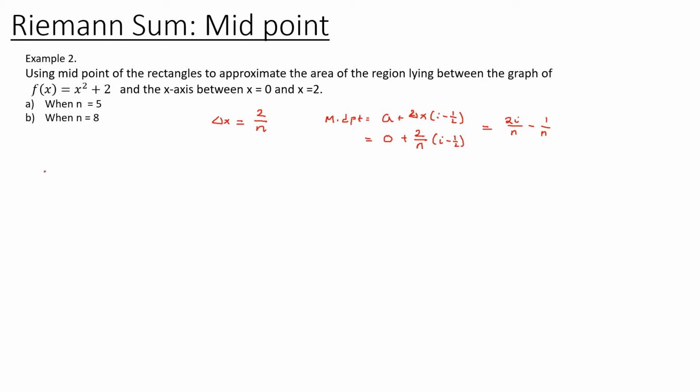So here's our width, 2 over n. We're starting at the first rectangle. Again, we don't know how many we're going to have, so I'm going to put n. f of 2i minus 1 over n is our sequence. So 2i minus 1 over n to the second power plus 2, because it's x squared plus 2.